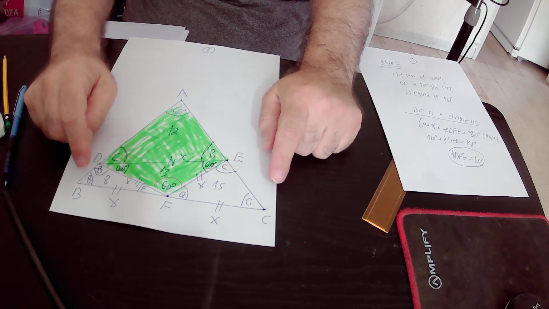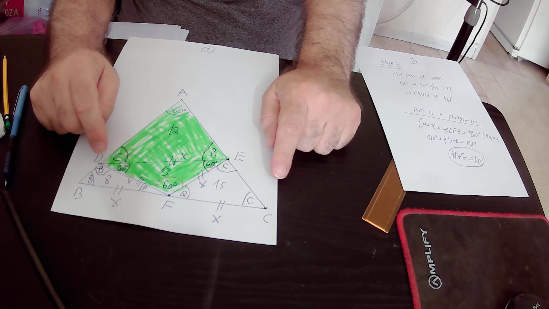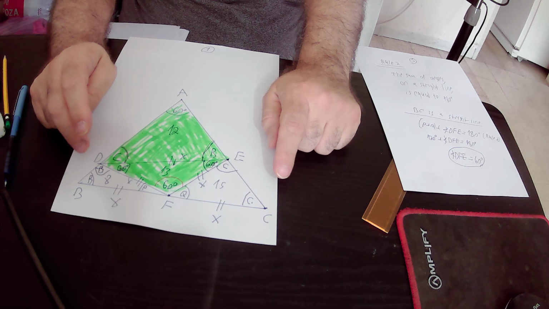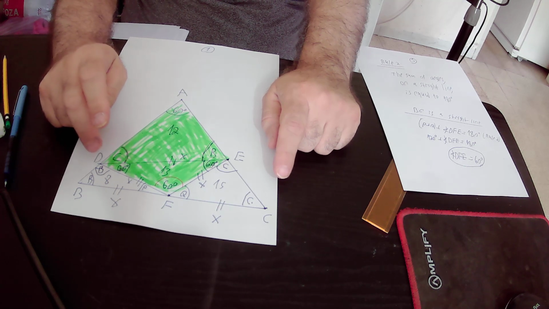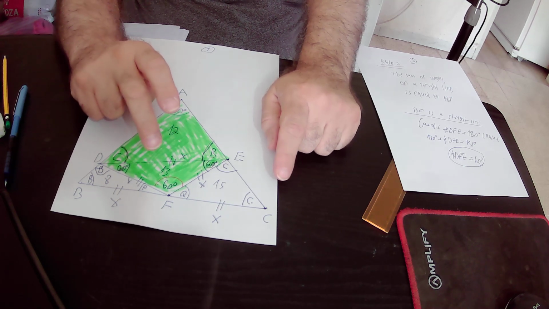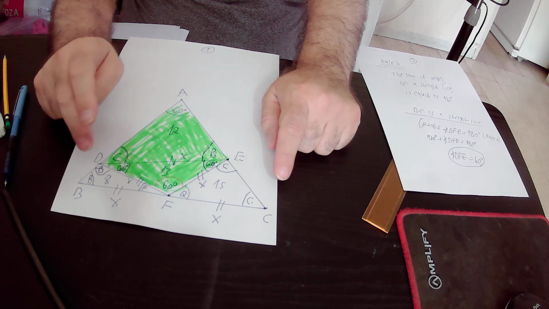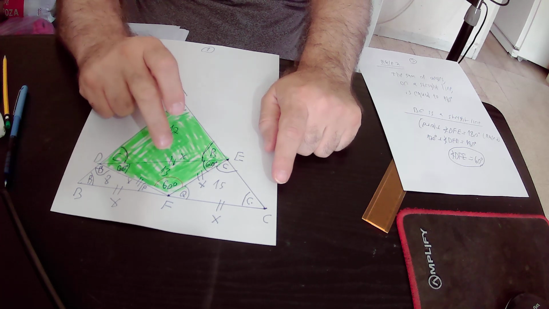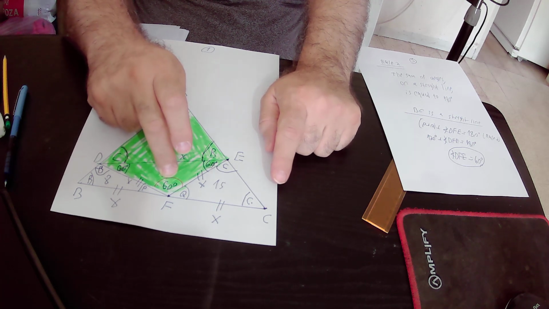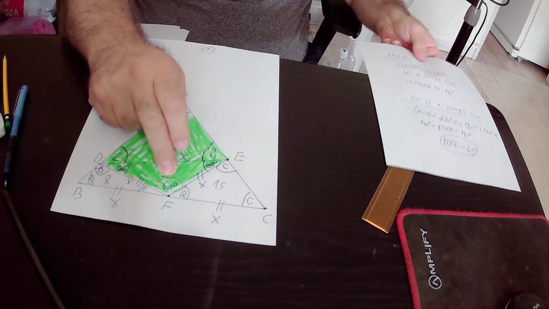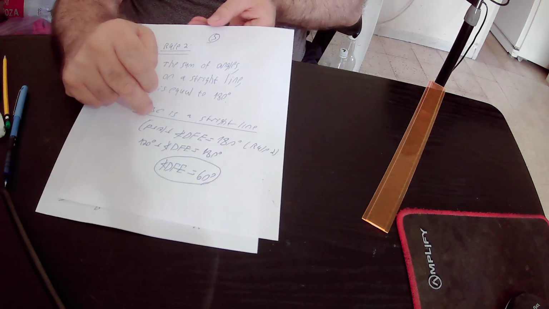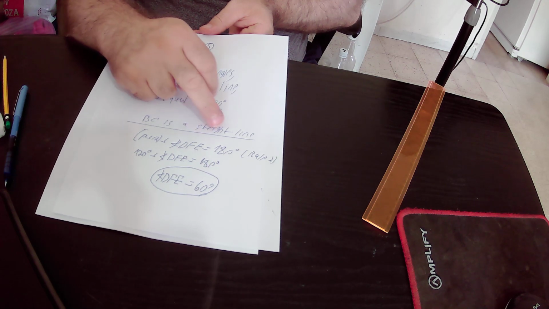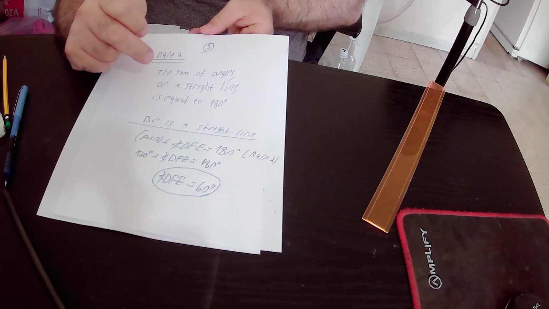According to rule number 2, the sum of the angles on the straight line BC equals 180 degrees. Especially at point F, the sum of the angles at point F on the straight line BC equals 180 degrees. So P plus Q plus the size of angle DFE equals 180 degrees according to rule number 2.